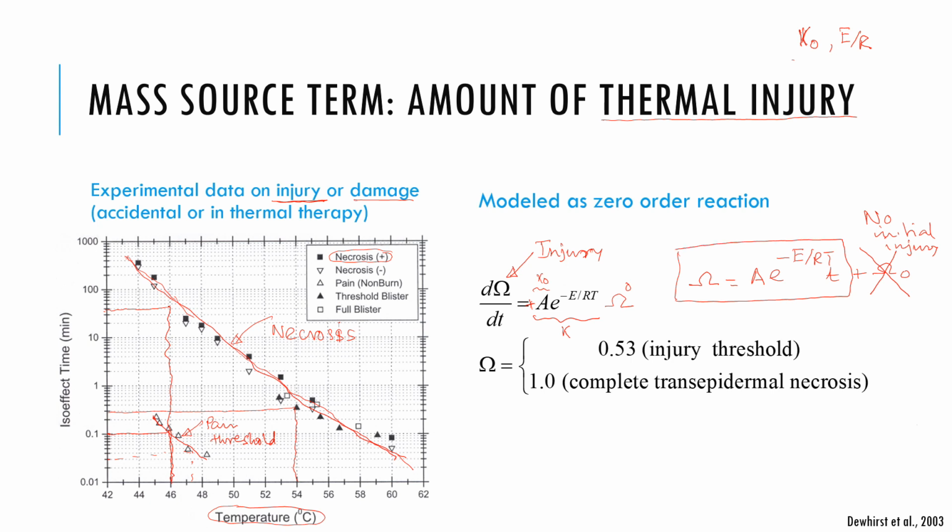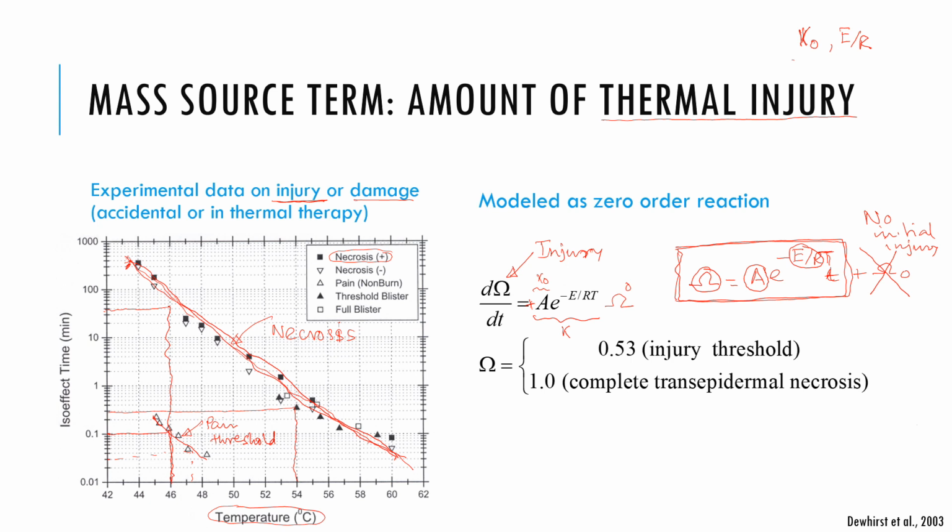If we fit this equation to the experimental data, because we already have temperature-time combinations for the same injury, that's here, this one, then we get to estimate A, E over R, and omega values for a certain type of injury.